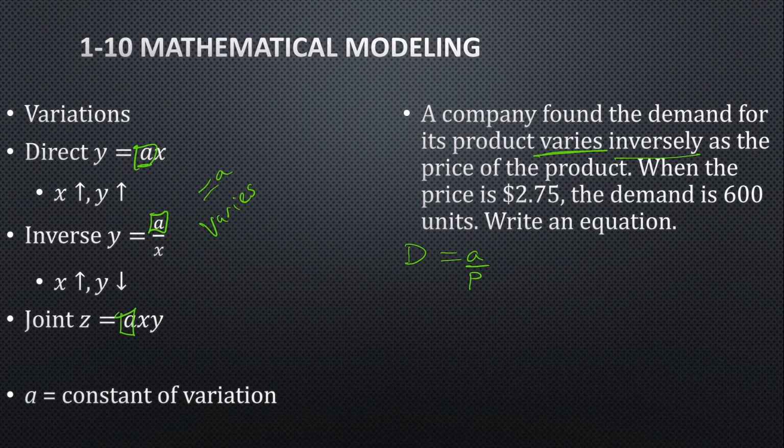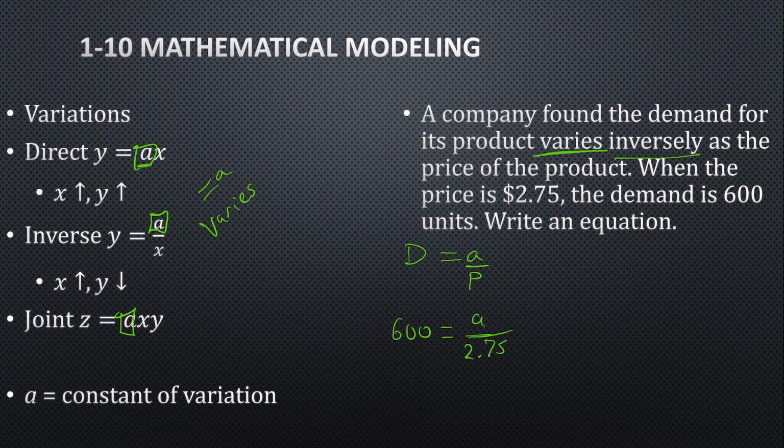So demand, D, equals a divided by price. Now when the price is $2.75, I could put that in for the price. The demand is 600 units.